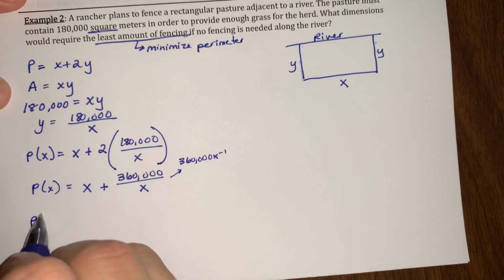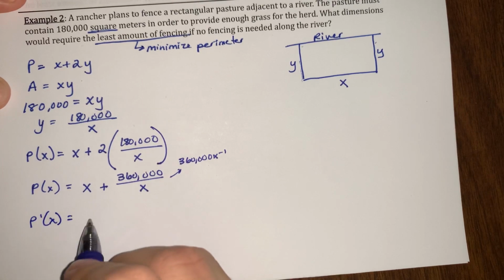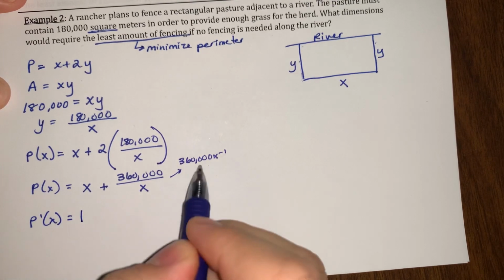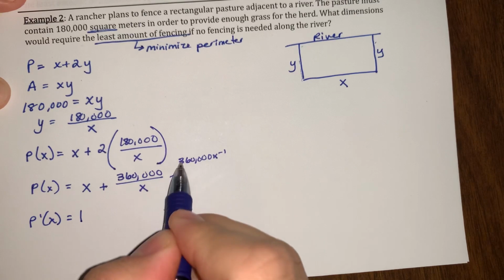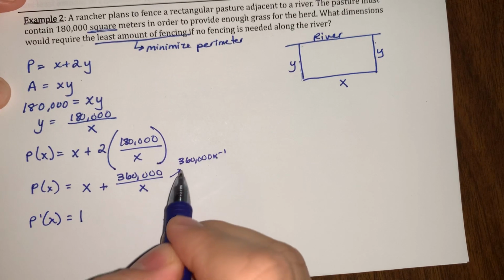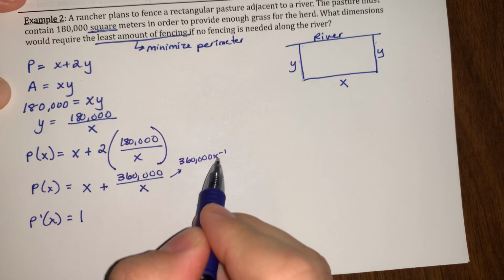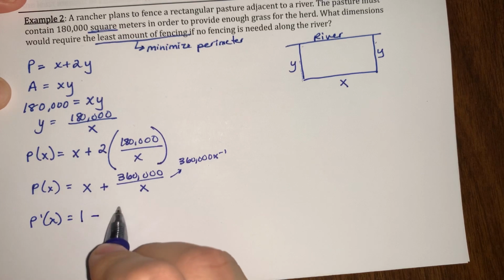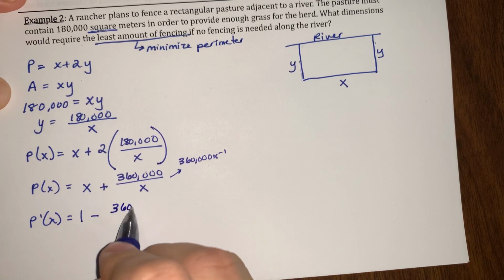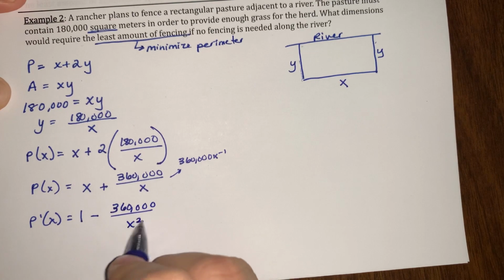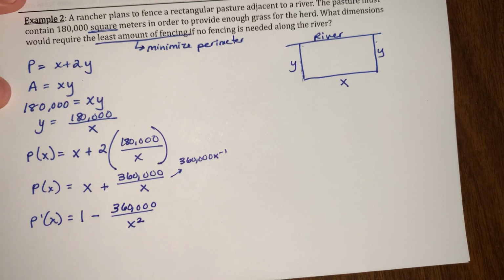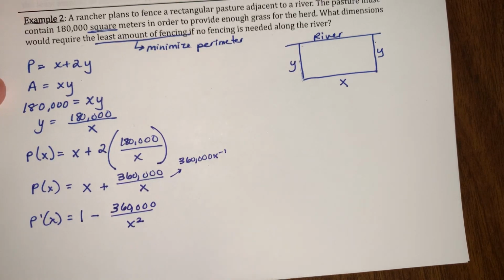If I took the derivative of this, the derivative of x will be 1. And the derivative of that other term will be negative 360,000 times x to the negative 2, which will pretty much be minus 360,000 over x squared. Okay, so this is what I have to set equal to 0.